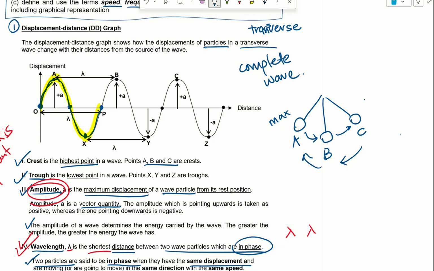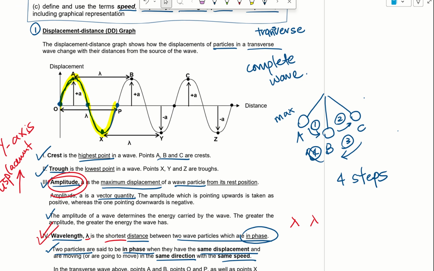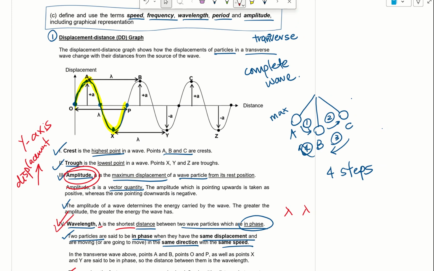If I were to take each arrow as a step, there's step 1, step 2, step 3, step 4. So we need 4 steps to complete one oscillation. Similarly, I can apply this to my waves. So this is step 1, step 2, step 3, and step 4.